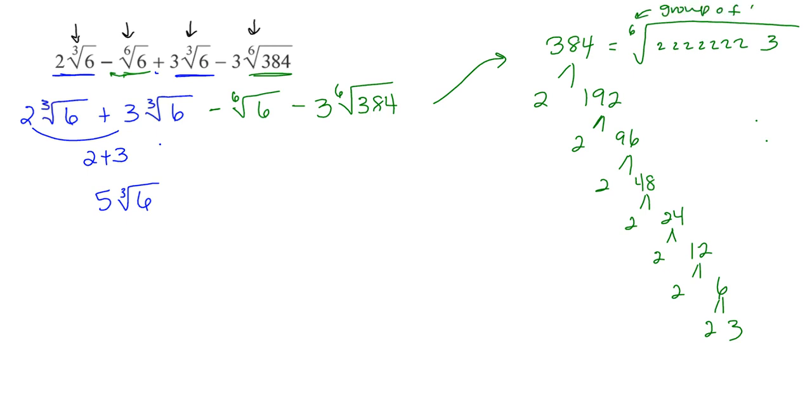Group of 6. And we have 7 2s. So 1 will make it out. Everybody else dies. And left over in jail is a 2 and a 3, which is a 6. So this is actually 2, 6th root of 6.